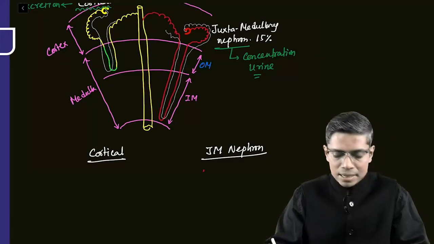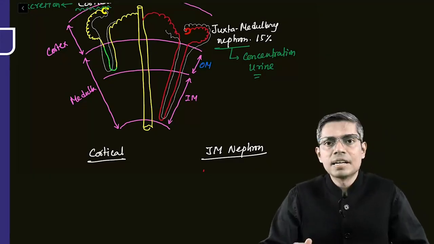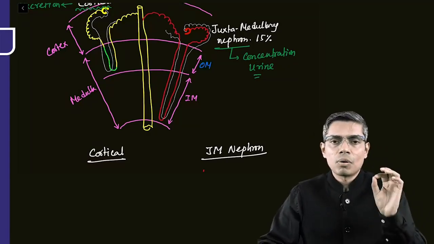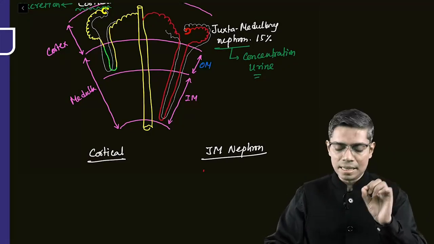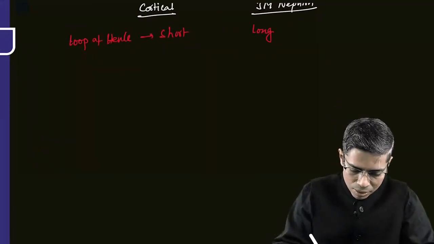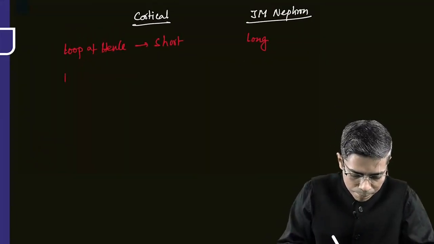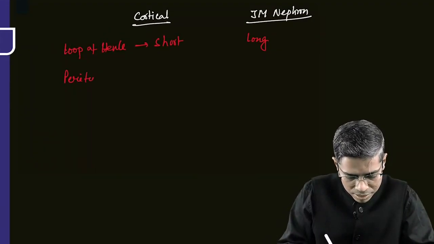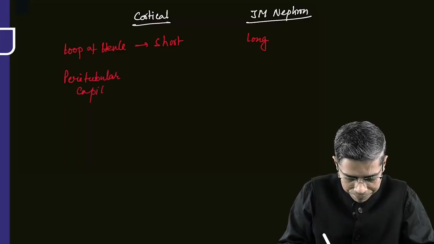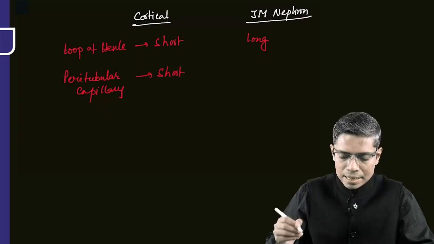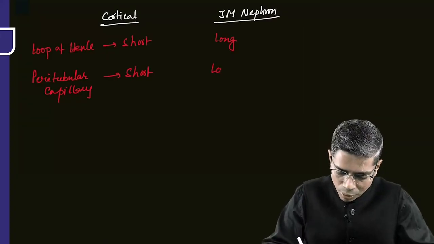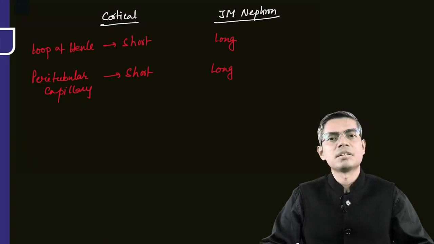So, if you look at the peritubular capillary in this diagram, obviously the cortical nephron means the peritubular capillary loop will be shorter in length. So, I am writing here that cortical nephron means peritubular capillary loop will also be shorter in length, and it will be very long in case of juxtamedullary nephron.